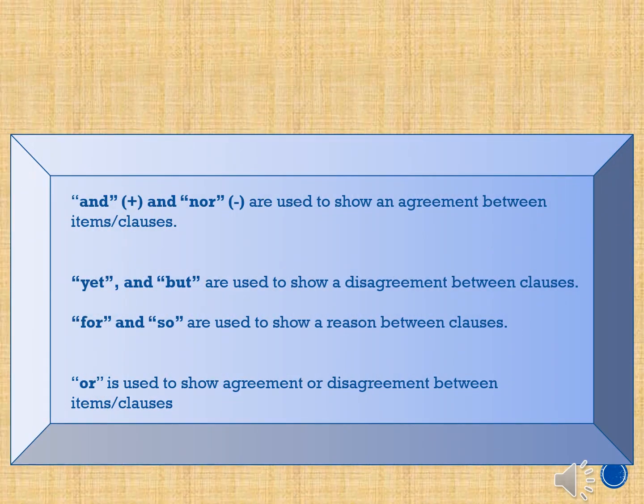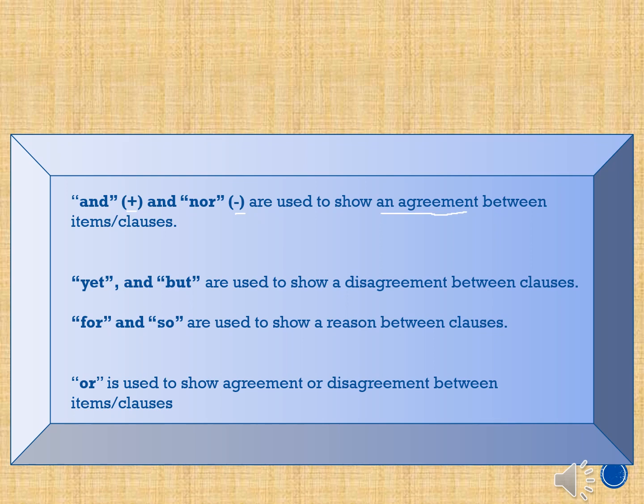I have and, and I have nor. Notice that I put a plus after and, and for nor I have the minus symbol. They are used to show an agreement between items.